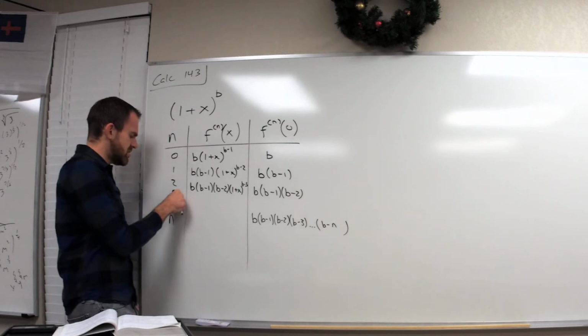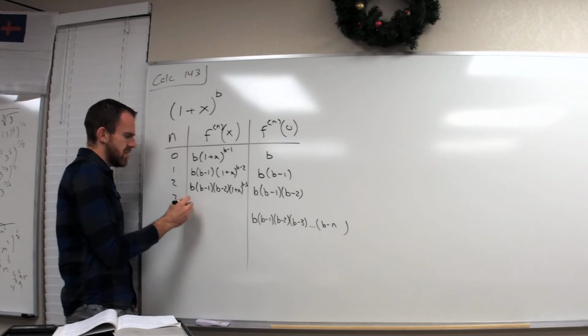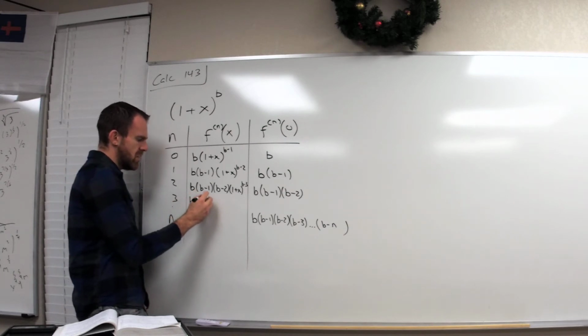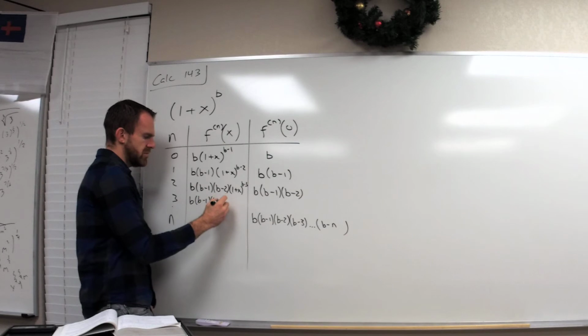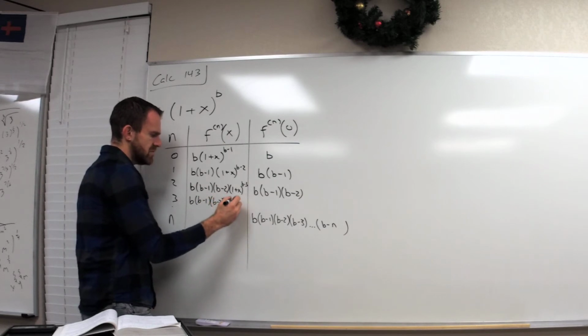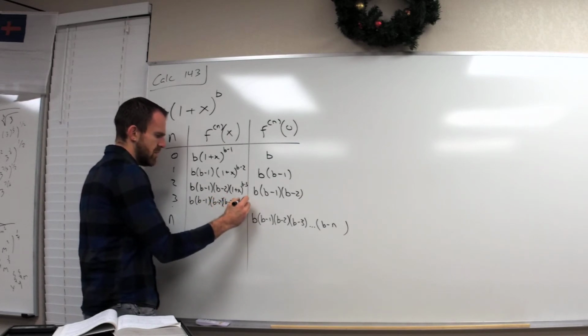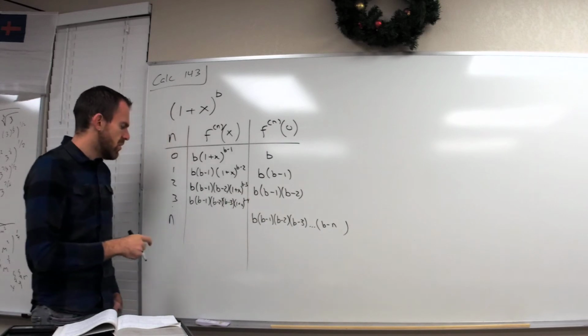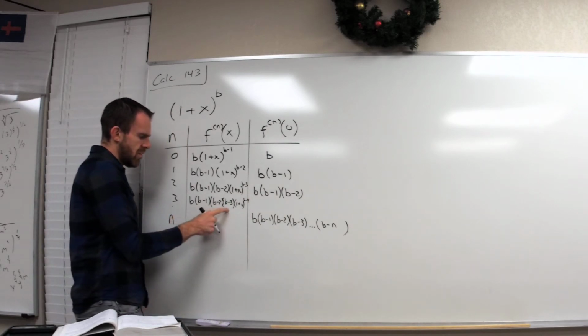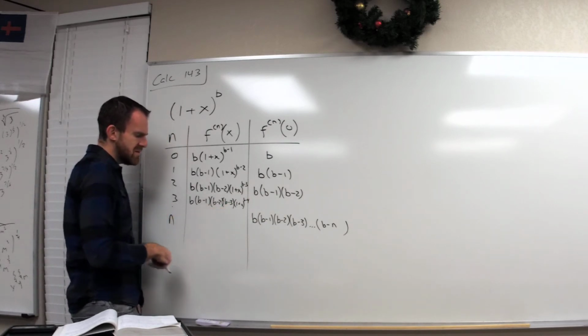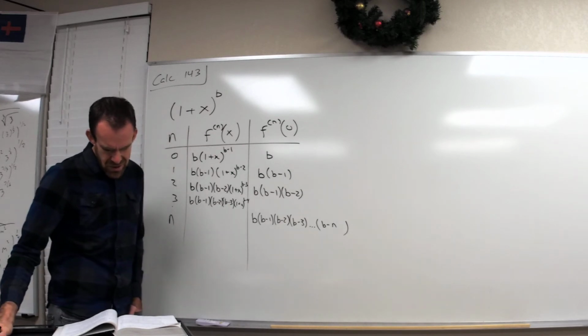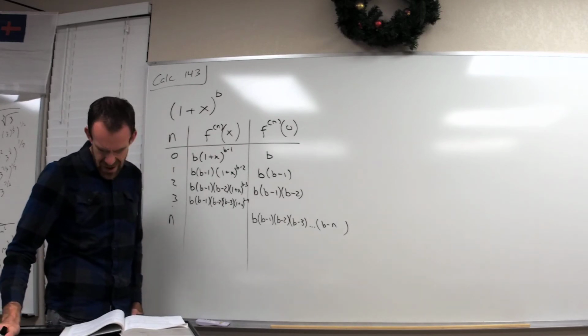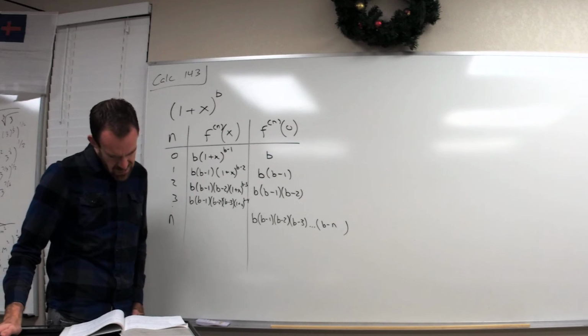Well, let's write out the third term. Maybe that'll illuminate our lives. So we have b, b minus 1, b minus 2, times 1 plus x to the b minus 3. So you are going up to the b minus n term. So I'm going to disagree with the book, and I'll probably figure out why later, and then add it in the comments.